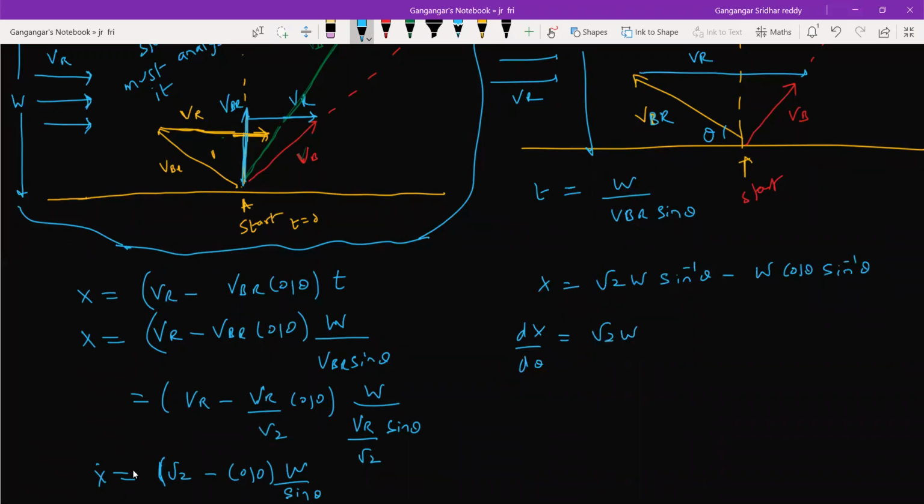Root 2 w. So this will be minus 1. Minus of minus 1 will be minus 2. Derivative of sine theta will be cos theta. Minus of w, the bracket term, first cos theta, this will be minus 1.